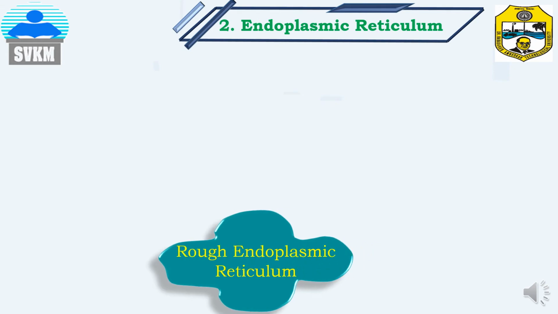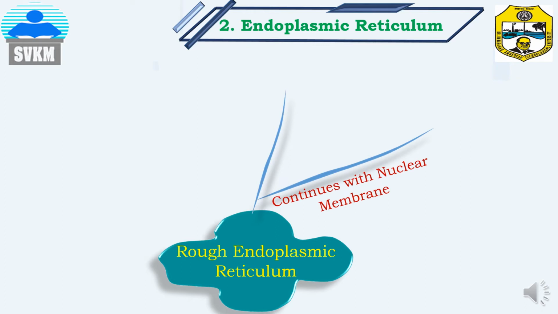Now, first we consider the rough endoplasmic reticulum. It is continuous with the nuclear membrane. It is covered with ribosomes, which is very essential, because the presence of ribosomes makes it a site for protein synthesis.